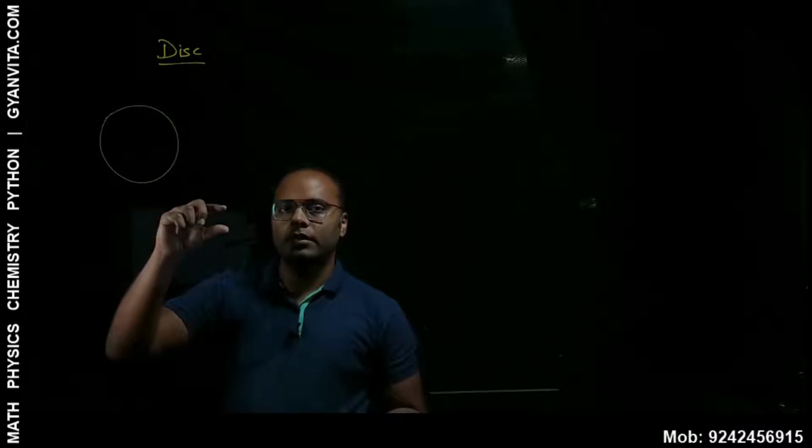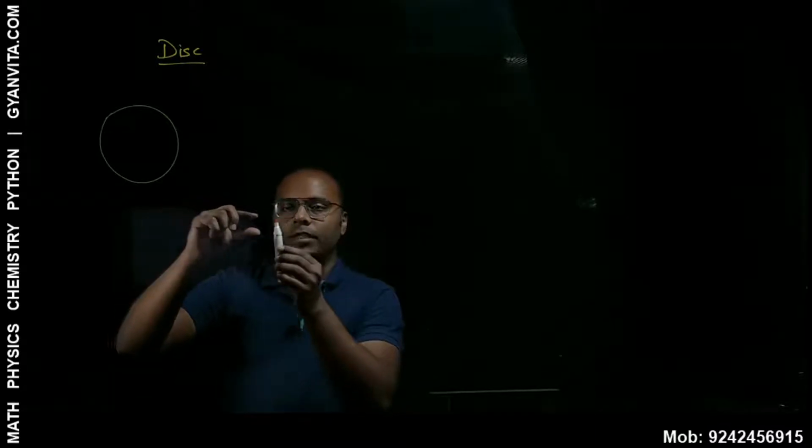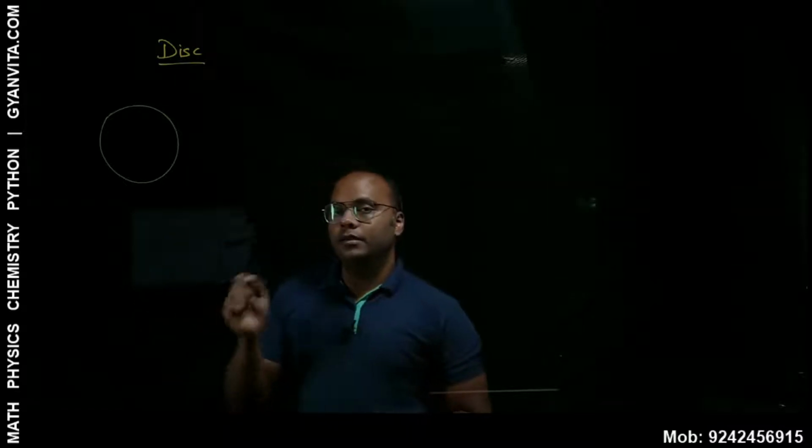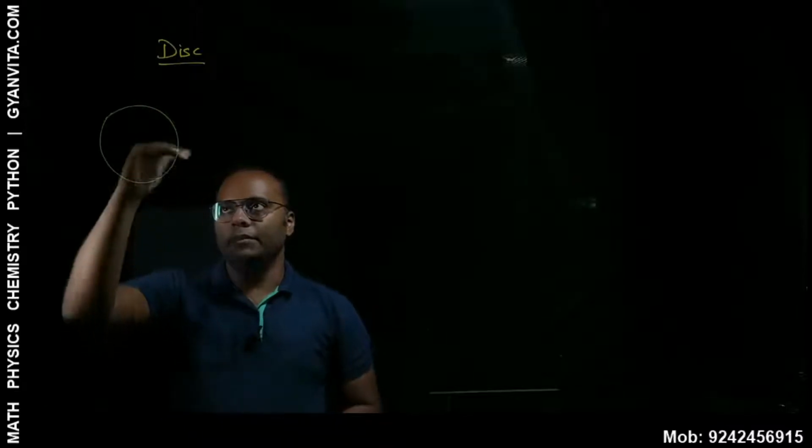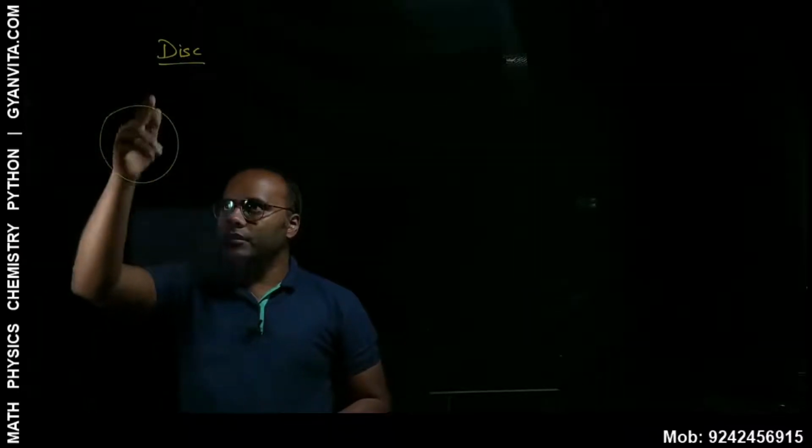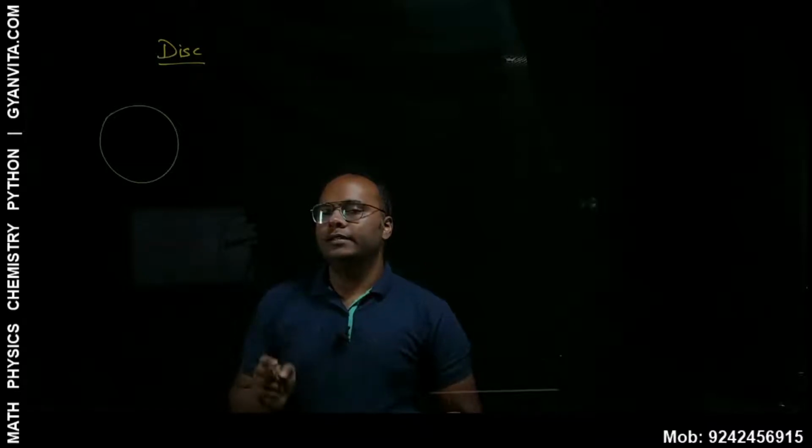The disk will have some depth, but the depth will be very small compared to the other dimensions. If you consider the diameter and the thickness, the thickness is very small compared to the diameter, and that's why in this case we'll consider only area.